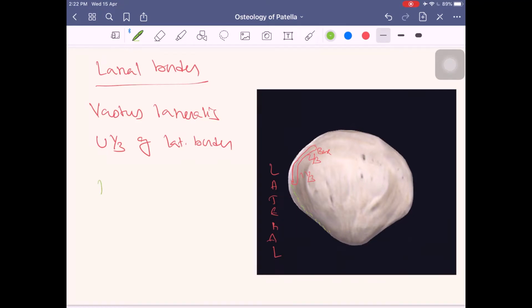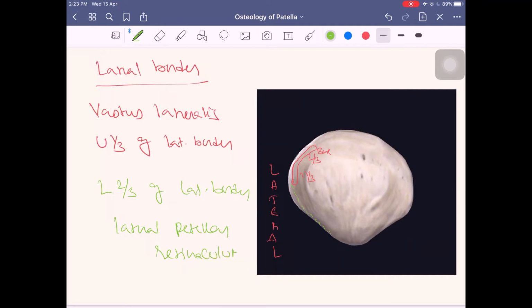The remaining lateral border, that is your lower 2/3 of lateral border, gives attachment to an extension of your vastus lateralis that we call as a lateral patellar retinaculum.